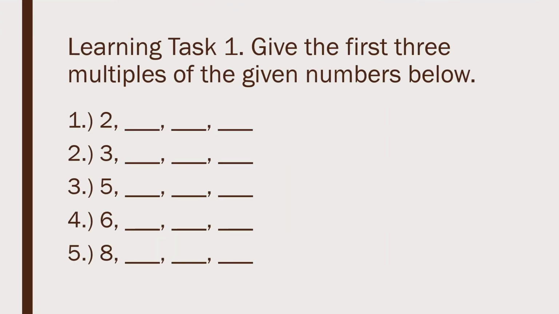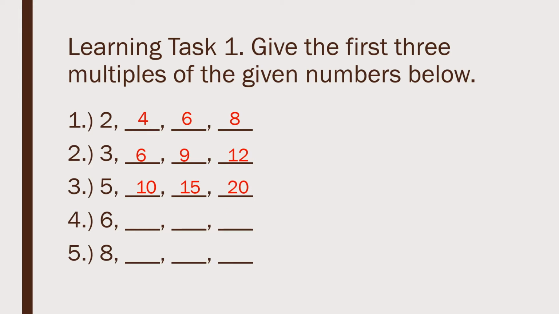Okay, let us see if your answers are correct. For number 1, the first three multiples of 2 are 4, 6, and 8. Number 2, the first three multiples of 3 are 6, 9, 12. Number 3, for the first three multiples of 5 are 10, 15, 20.